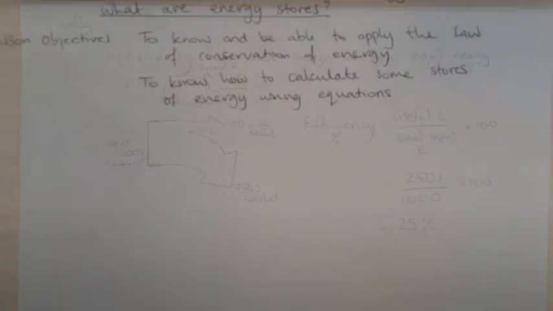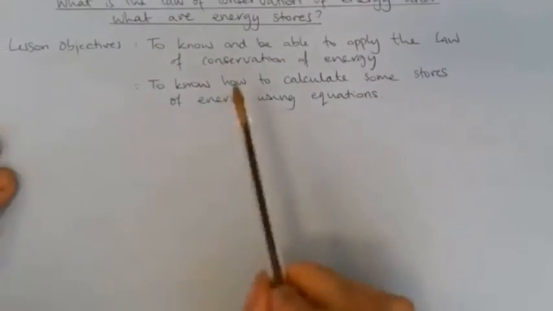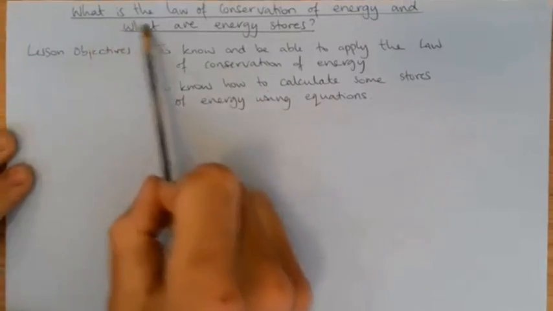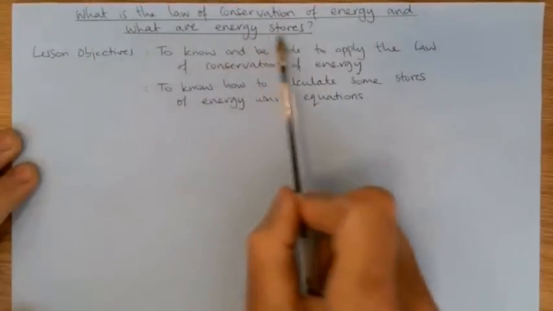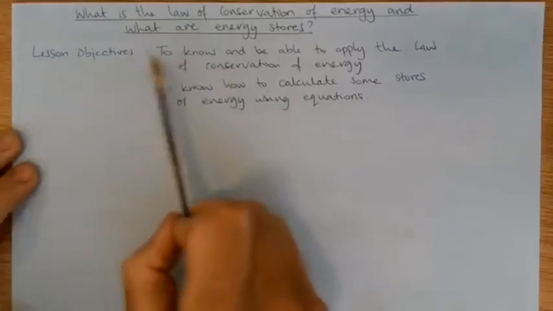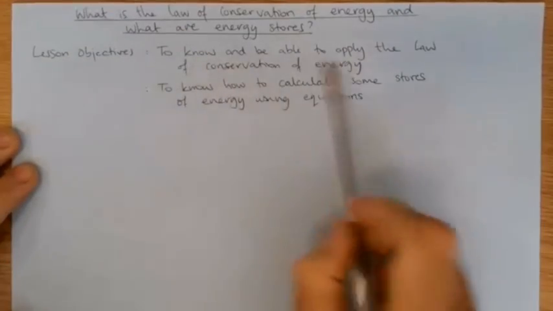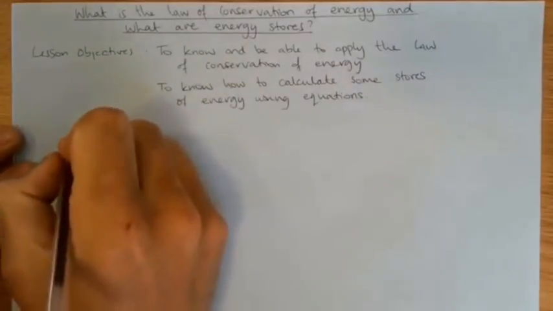So just going back to our lesson title, question and objectives. What is the law of conservation of energy, and what are energy stores? And being able to know and apply the law of conservation of energy.